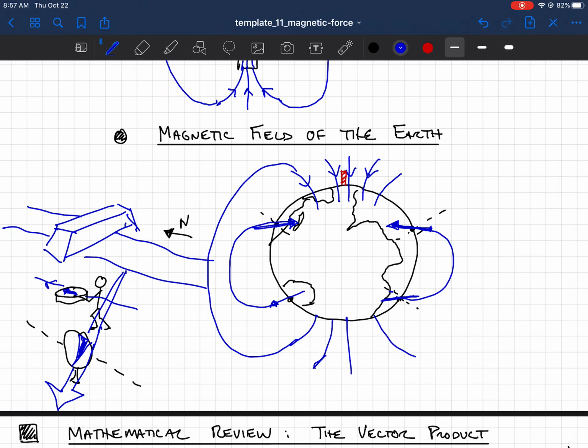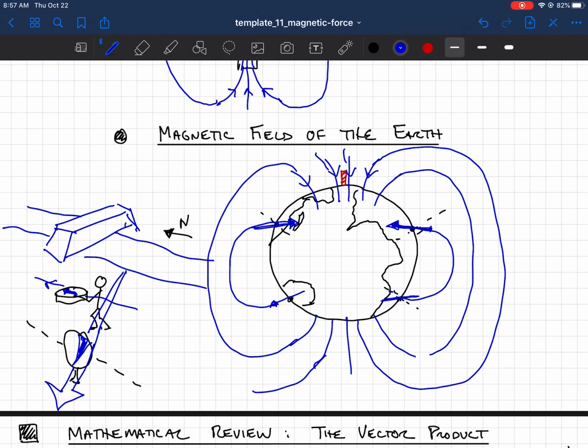The rest of the field lines look like this. And we see that, oops, I drew that wrong, didn't I? We said that it's going into the North Pole and out of the South Pole. So this is what the magnetic field of the Earth looks like. And then, of course, the lines will continue through the Earth.